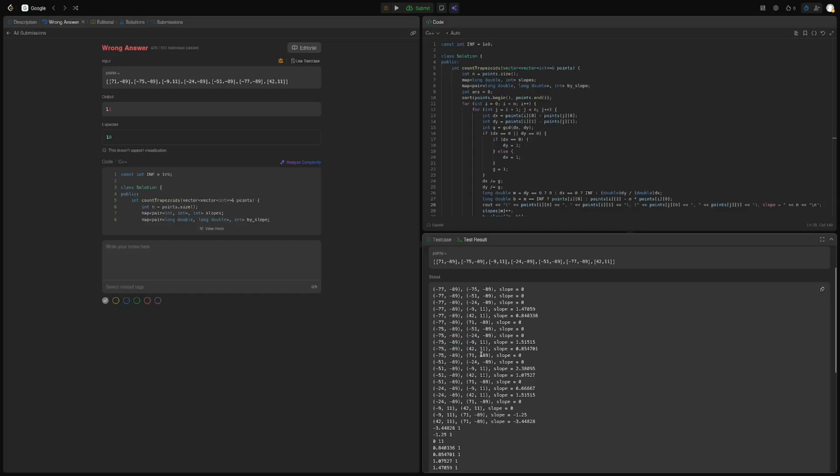Apparently these have such slope, and then where is 1515? Here is 1515. Really?